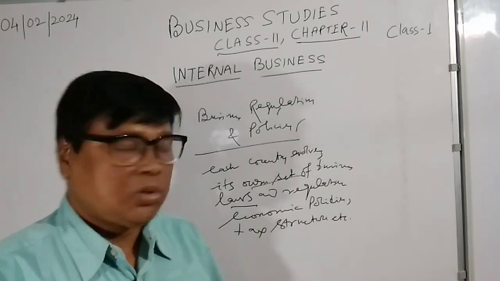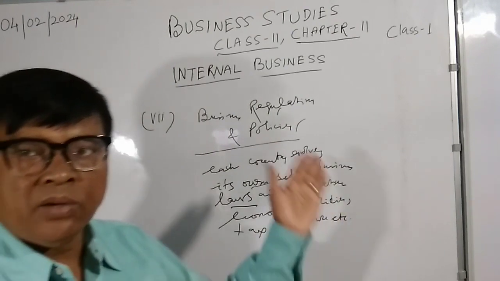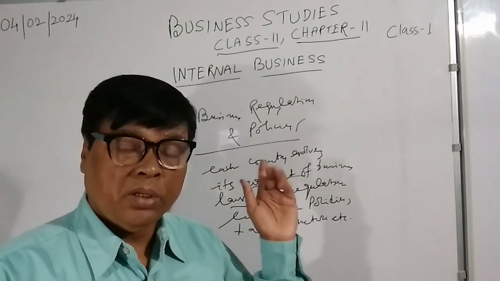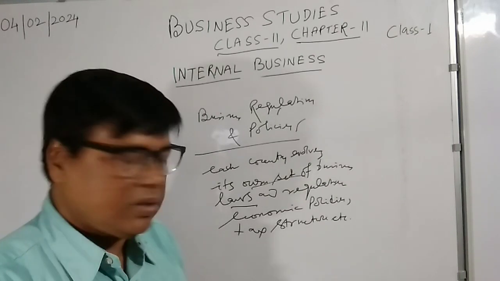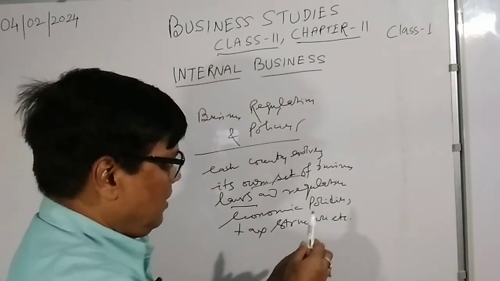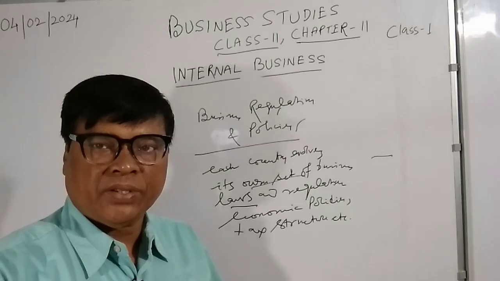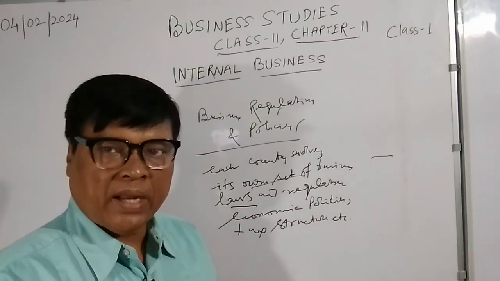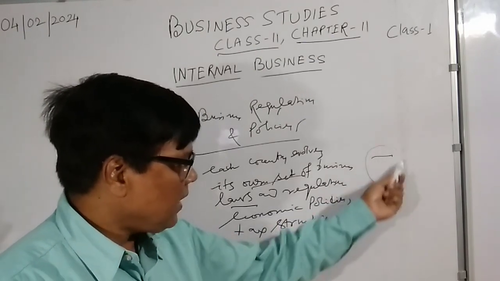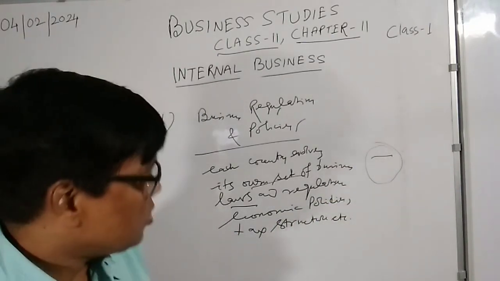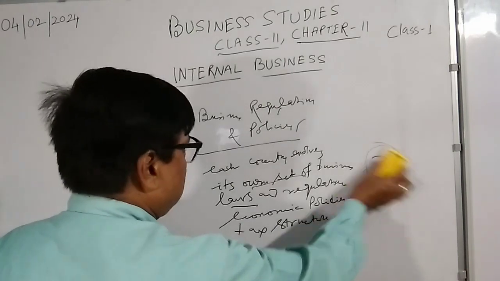Suppose the basic production cost may be less, but if their tax is more, then ultimately your entire cost will be more. So you have to take all those things into consideration.